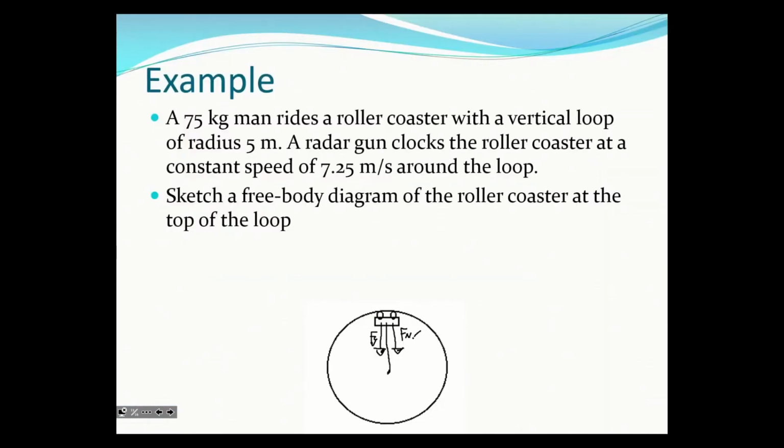So sometimes instead of force normal, I call it force tension, even though there's no string attached to it, just to keep it consistent. Okay. So if I write an FC equation, because everything's going to the center of the circle, it's positive. So I'm going to say FC is equal to force of tension plus force of gravity. Remember that it's actually force normal, but I'm just going to call it force of tension to keep it consistent.